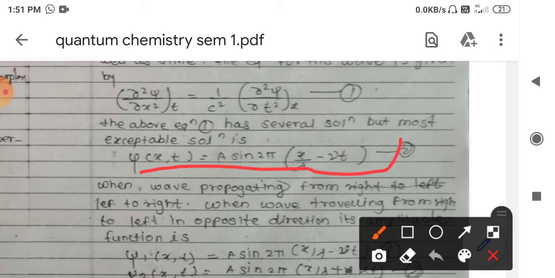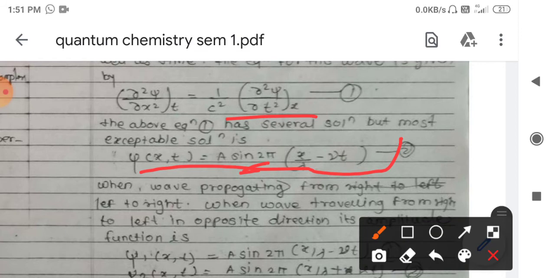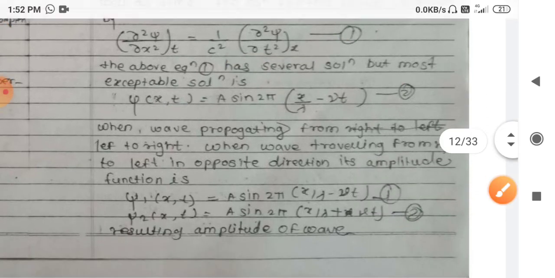There are many solutions for the above equation: exponential functions can be used, or trigonometric functions like the sine function we have used. Along with this we can use the cosine function, or exponential functions, to obtain these solutions. There are lots of solutions for this second order differential equation, but we are using the sine function for our convenience only.